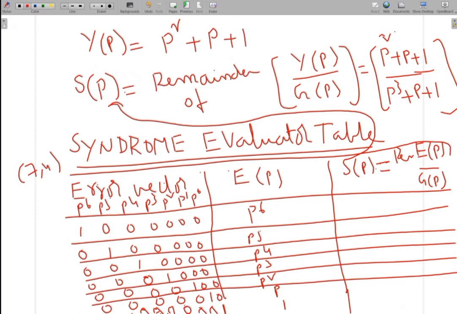Find out S of p. S of p is equal to the remainder of E of p by G of p. This is the syndrome evaluator table.